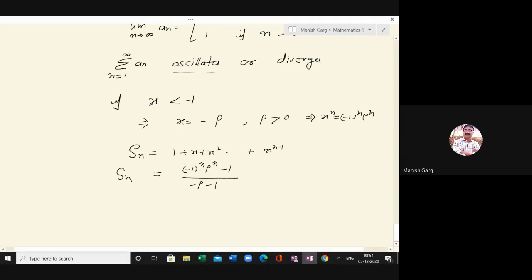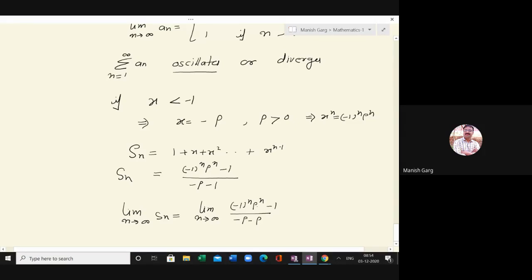Am I right or not? Yes, sir. If you take the limit as n tends to infinity of Sn, the limit of (-1)^n rho^n minus 1 over minus rho minus 1, so what will be the answer?